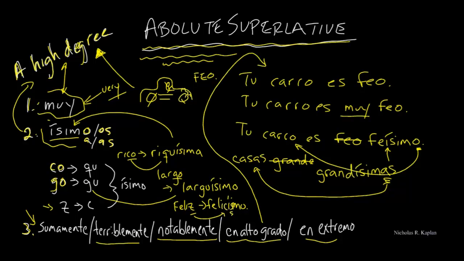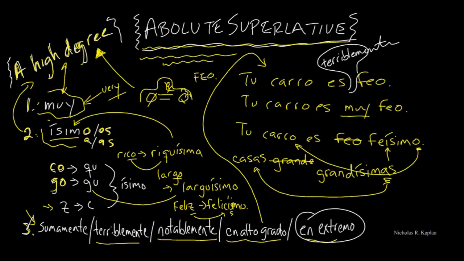We could say your car is ugly, or we could say your car is terriblemente feo. Or we could say tu carro es en extremo feo. 3 ways: muy, ísimo, and then sumamente, terriblemente.